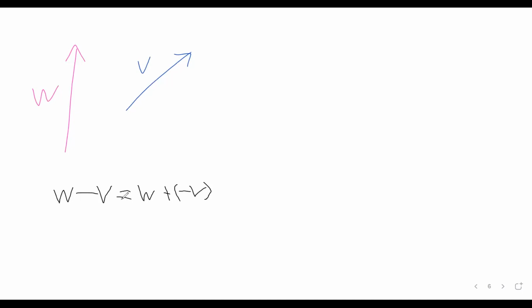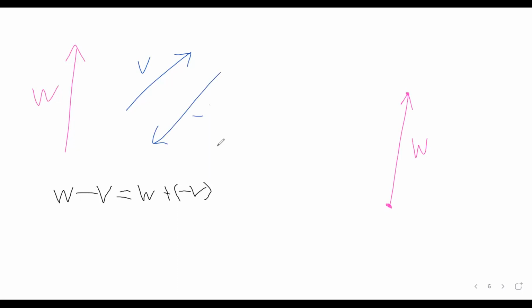So let's say you have vector W here, right? And so you have the initial point of W, and you have the terminal point of W. Now you have vector V, but what's negative V? Negative V is the same length vector, but opposite in direction.